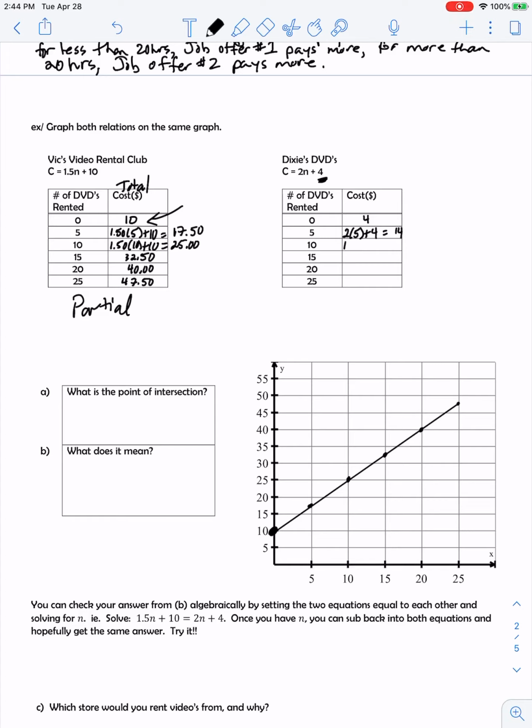And then 2 times 10 plus 4, that's $24. 2 times 15 plus $4, that's $34. 2 times 20 plus $4, that's going to be $44. And 2 times 25 plus $4 is going to be $54.